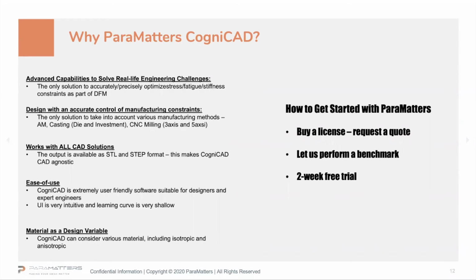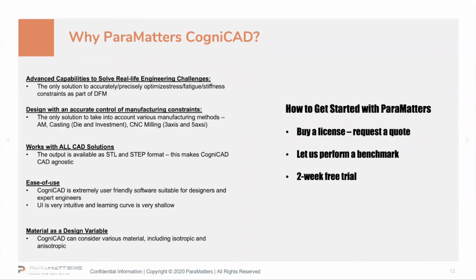Certainly, being able to work with any CAD solution is critical, so we integrate right with CAD. We're part of your design workflow. There's no need to change what you're doing today. It just enables the design engineer to have more power and more knowledge to truly optimize the design and to know about design for manufacturability as part of the solution.